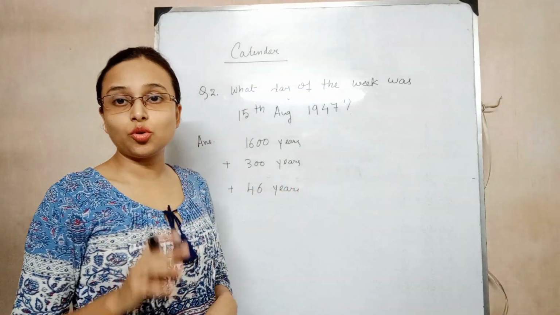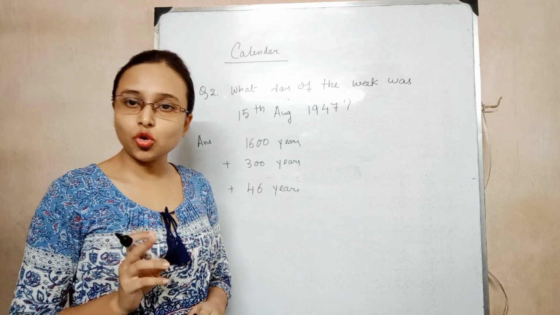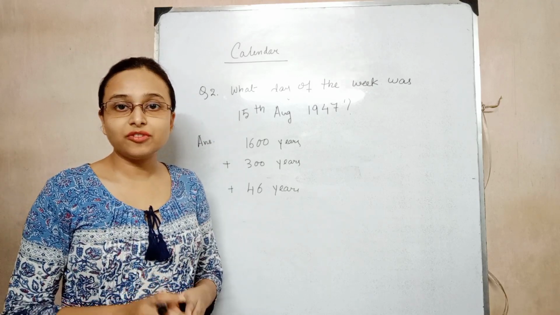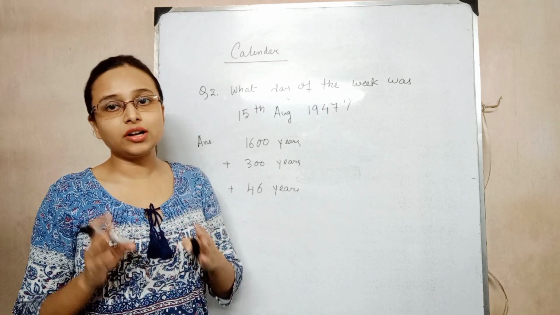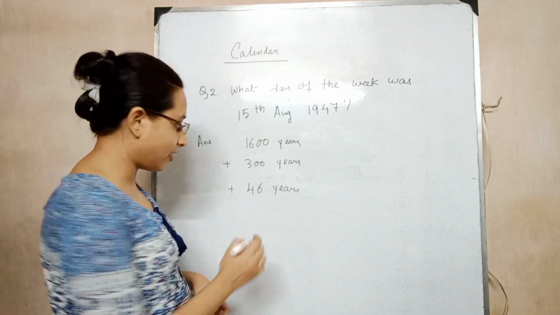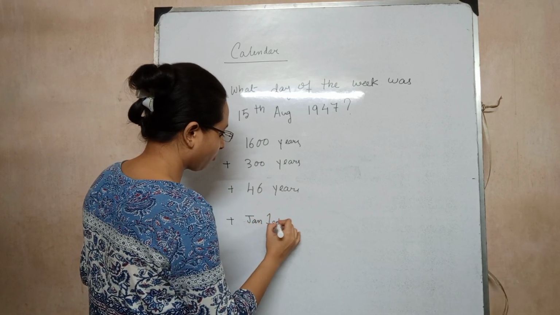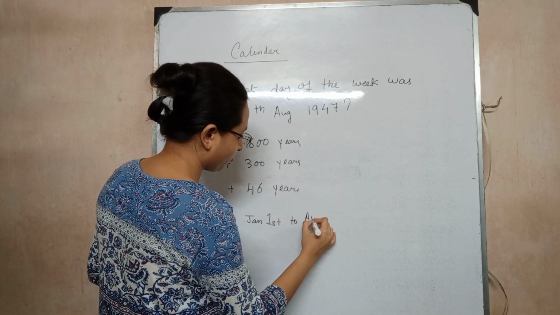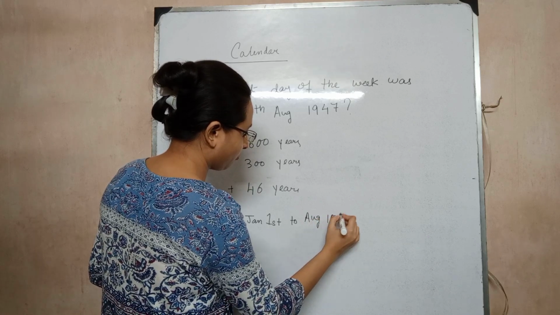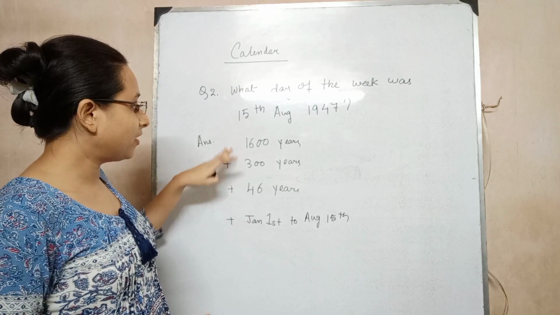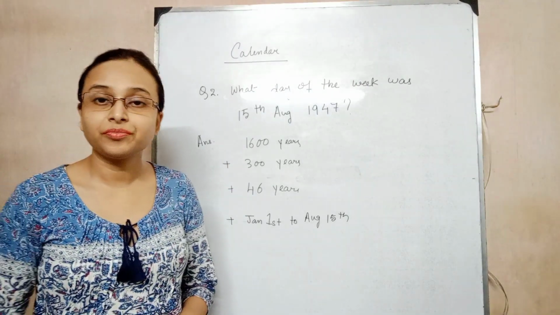That is from 1901 to 1946. Don't keep it as 1947. The next one will be January 1st to August 15 of 1947. So these are the sections that I am going to have: first, second, third and fourth section.